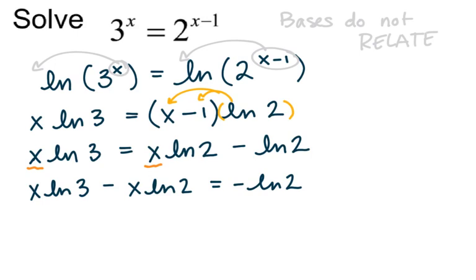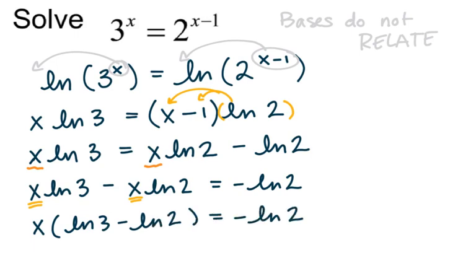Once I've subtracted, you'll notice now that both of my x's are on the same side, I can factor a GCF. So if I factor that x out, that leaves me with the natural log of 3 minus the natural log of 2 equals still negative natural log of 2 on the right.